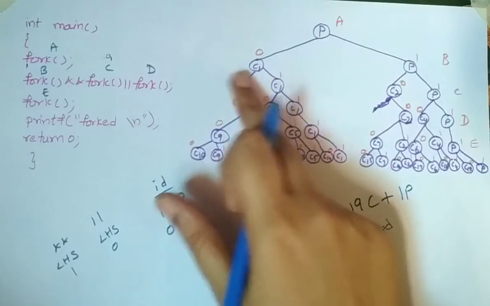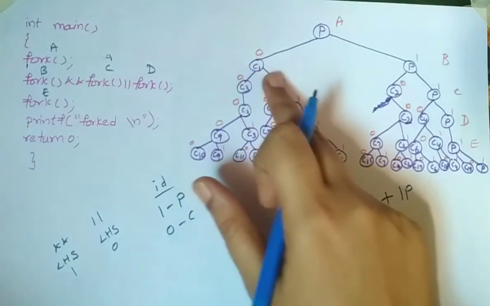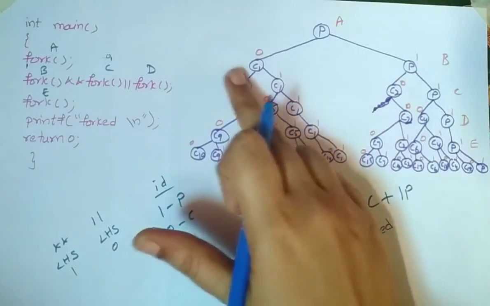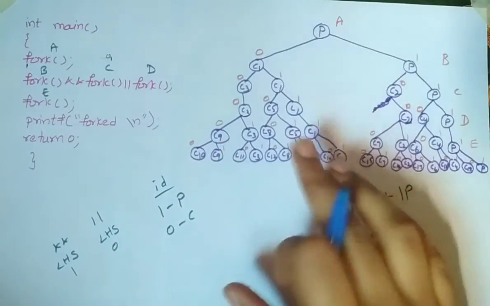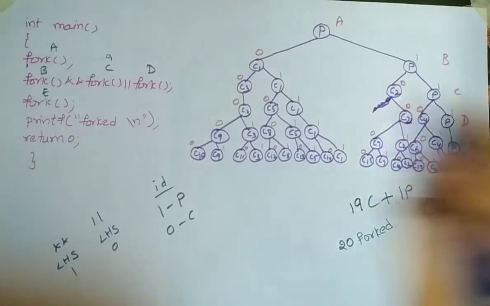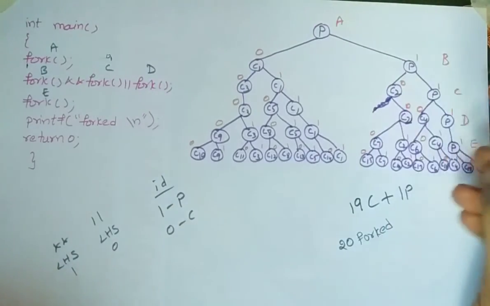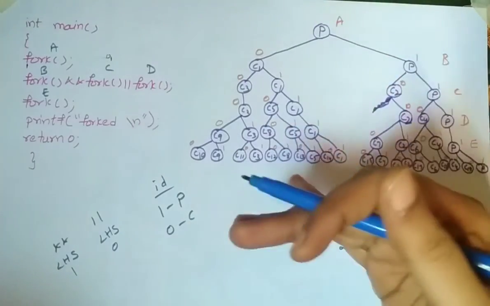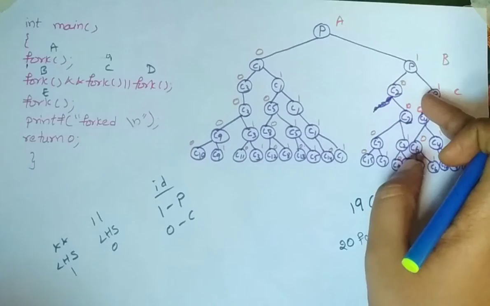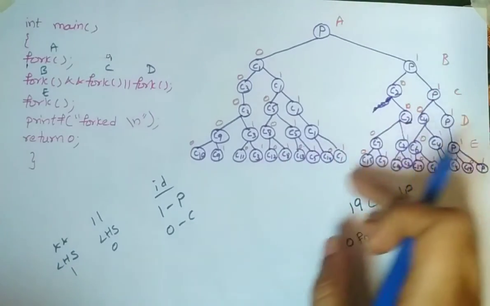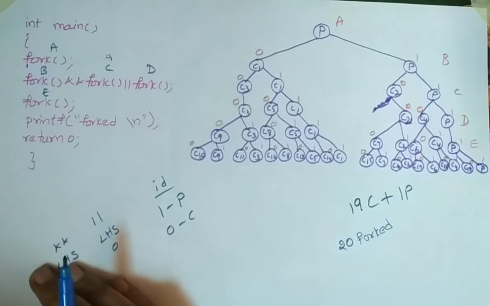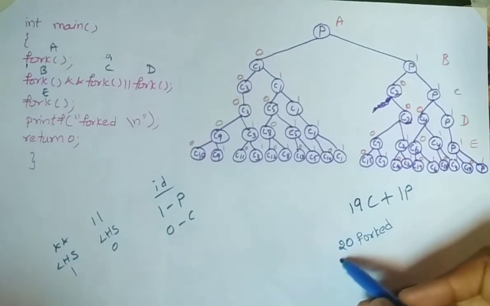That means at the particular level, whatever processes are there, we apply the fork operation for each level, like in breadth first search BFS, where we also apply it level wise. Similarly here we apply the fork operation level wise, concurrently for each and every process in the particular level. Like this we have executed this particular example, and it will fork 20 times.